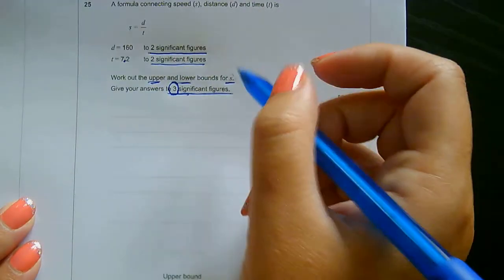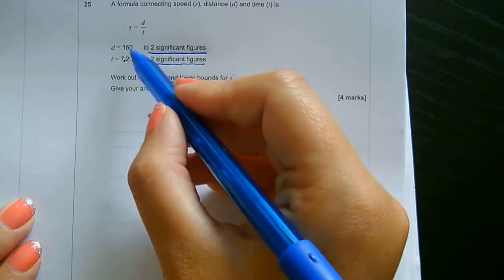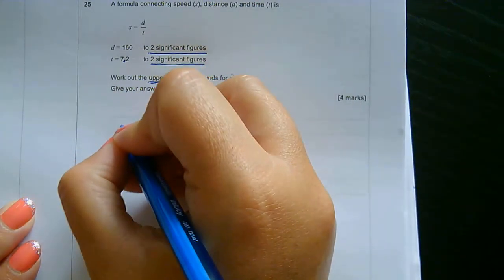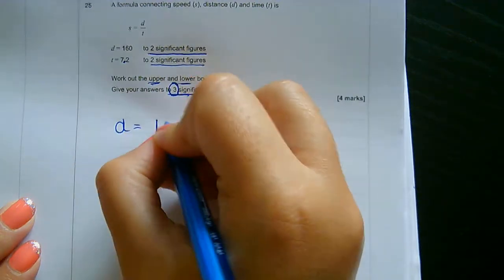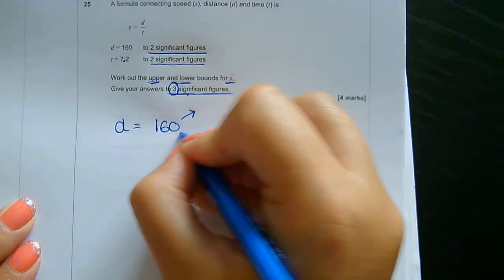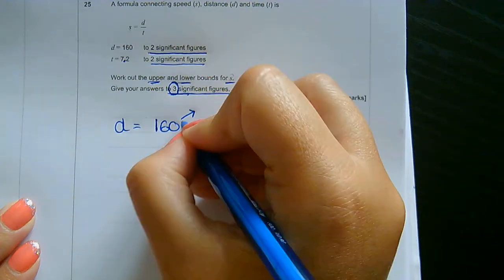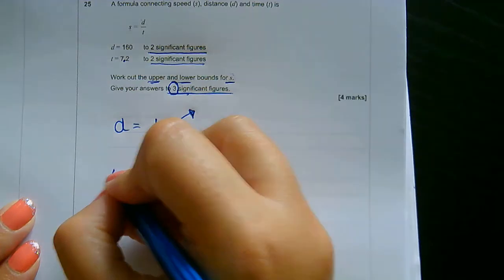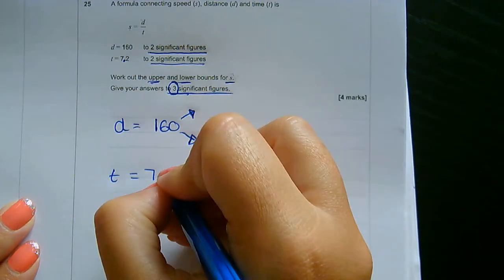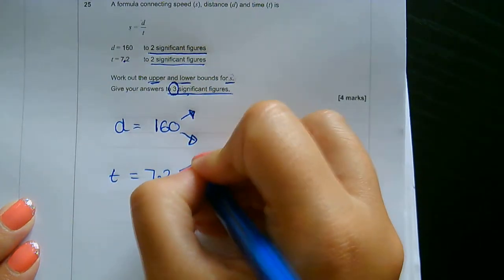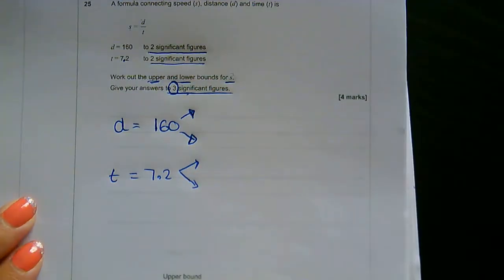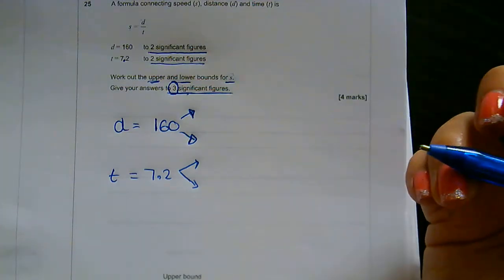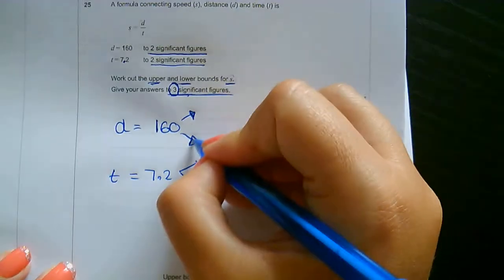So before we can do the speed, we need to think about what are the upper and lower bounds for our D and our T. So if D is 160, I need to have a quick look at what are the upper and lower bounds for that one before I can do my calculations to get S. Then I'll do the same for T, which is 7.2, and I'll look at my upper and my lower bounds for that. So you can obviously just write UB, upper bound, lower bound, whatever you want to do, or to be fair, if the examiners see the numbers, they know that you must be doing those calculations.